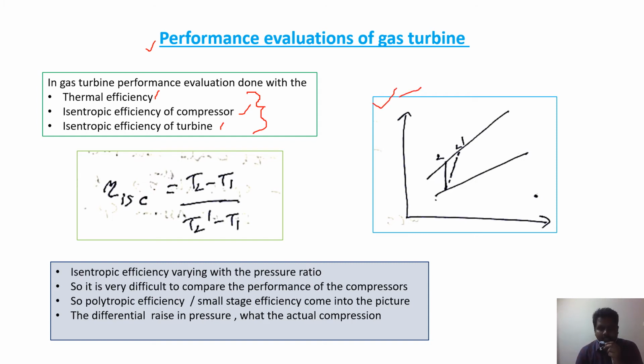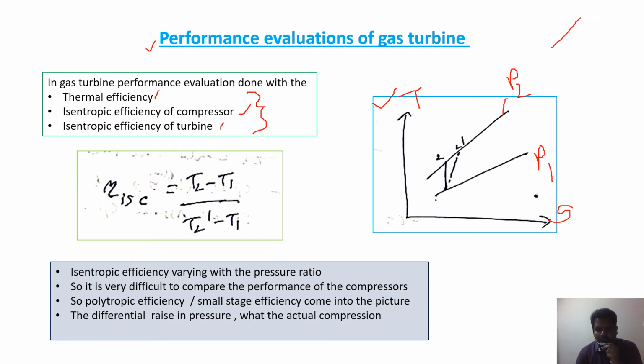This is the TS diagram for Brayton cycle. Here I want to clear one thing. So this is the pressure line P2, this is the pressure line P1. These two lines are not parallel.